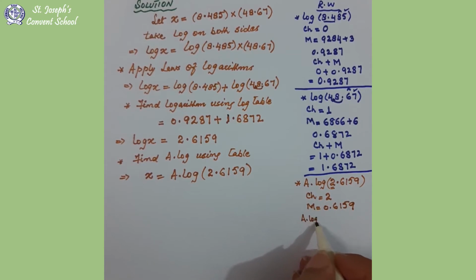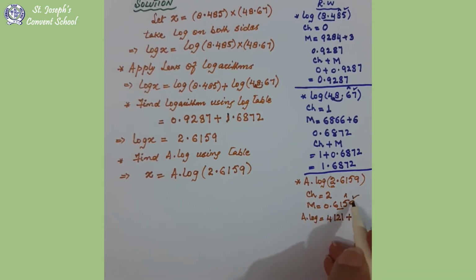So the anti-log is equal to 61 in column 5. Okay, 61 column 5 in the anti-log table is 4121, plus the mean difference column 9. Check the value of 9. It is 9 in the mean difference column.